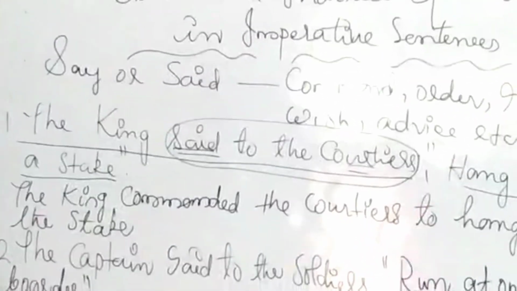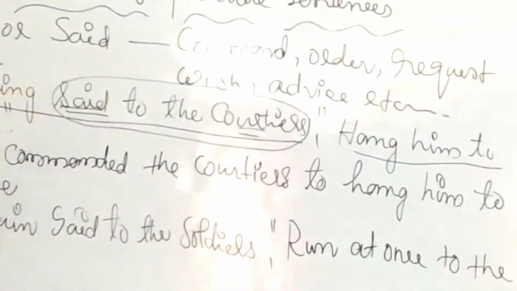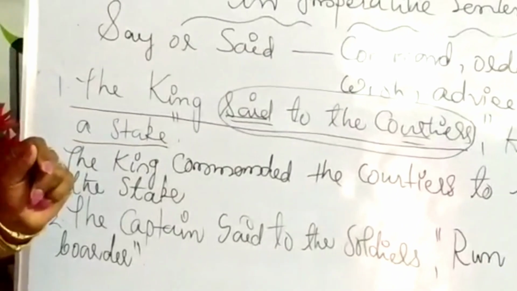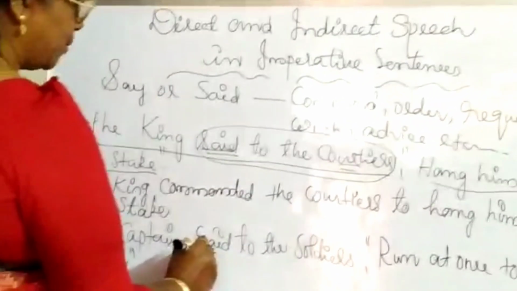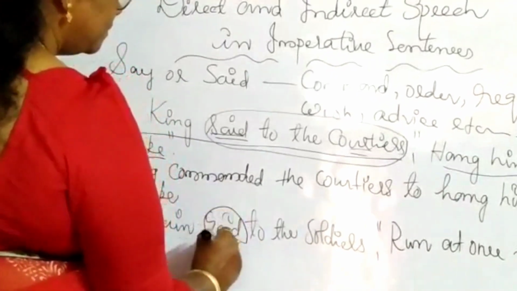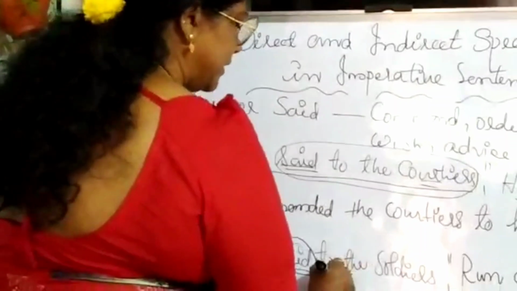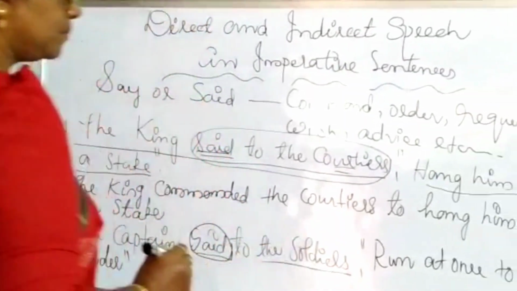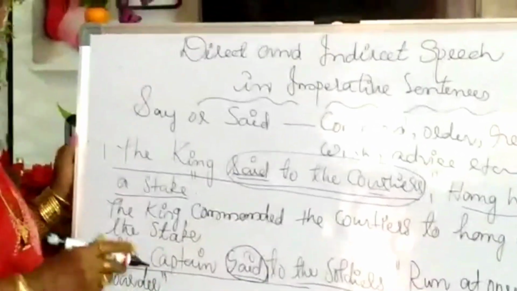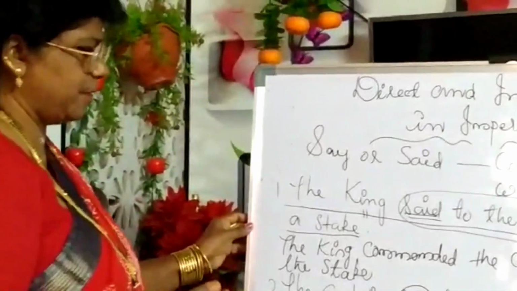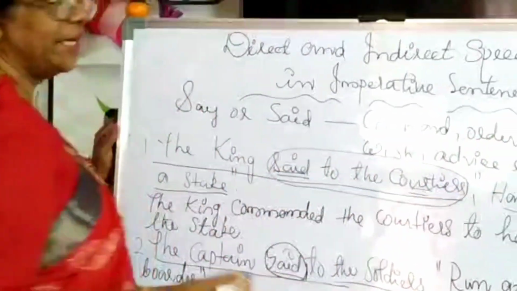Next example. The captain said to the soldiers, "Run at once to the border." How can we chop this? The captain said to the soldiers. Said is the reporting verb, and soldiers is the object. All together we call this the reporting speech. These are the words we use according to the grades.